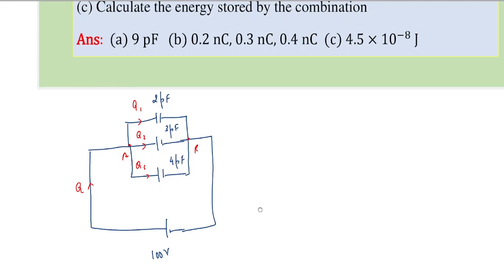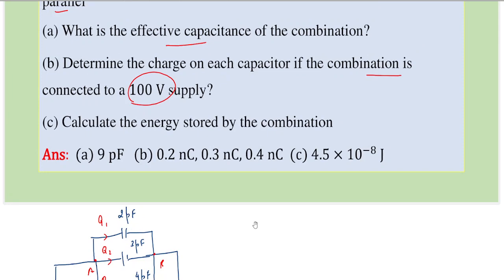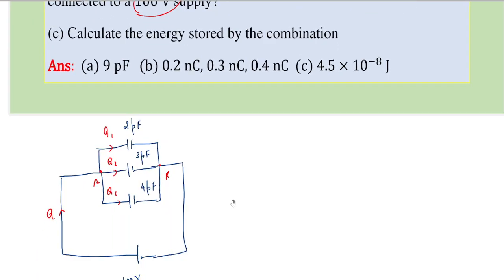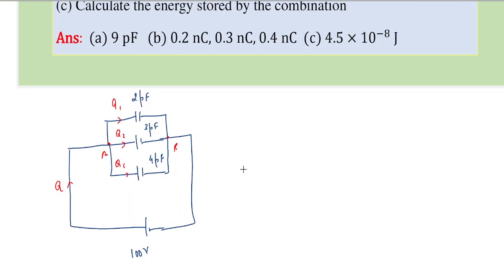The first part is, what is the effective capacitance of the combination? For a parallel combination, the effective capacitance is simply the sum of each capacitance value. So in this case it will be 2 plus 3 plus 4 picofarad, because each has the same unit. That will be 9 picofarad. So this is the equivalent value.